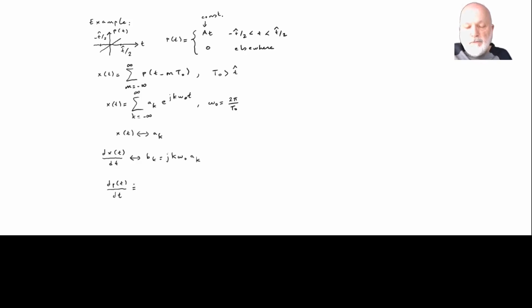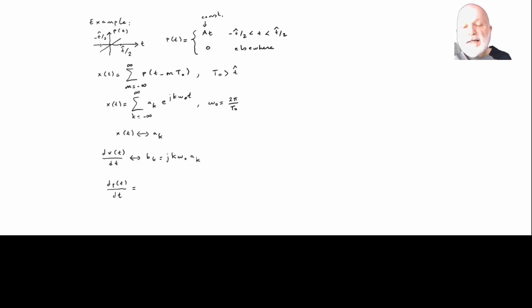The derivative of p of t will be 0 outside this interval, which is from minus T cap over 2 to T cap over 2.